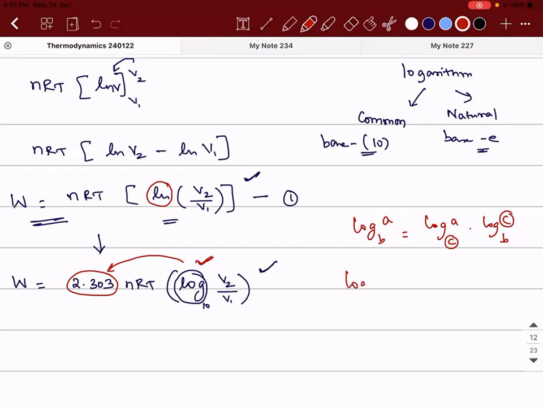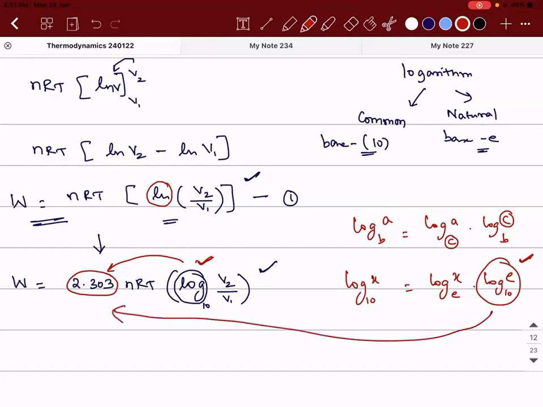So here log of x base 10 we wrote as log of x base E into log of E base 10. When you do this change, log of E base 10 gets converted to this value, 2.303. That is the reason why you multiply 2.303 with log of x base E to convert it to log of x base 10.